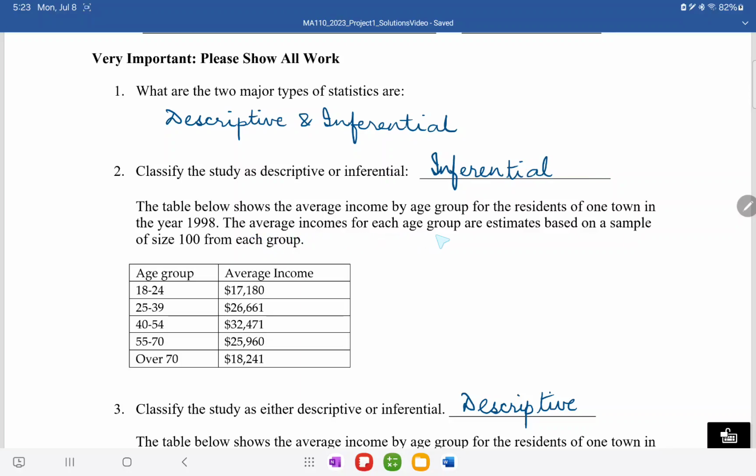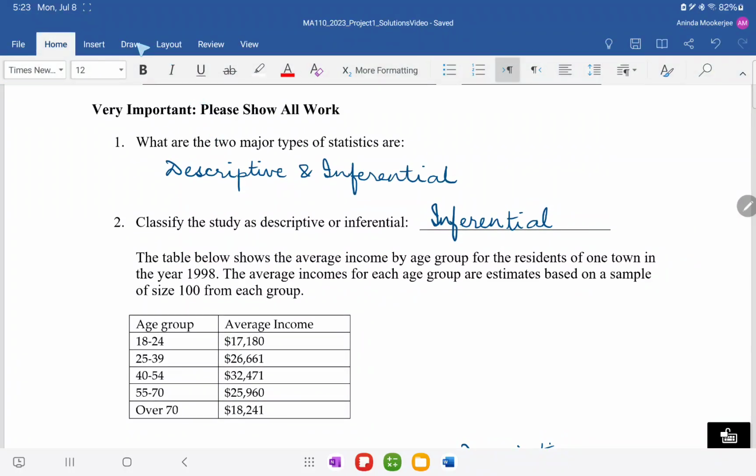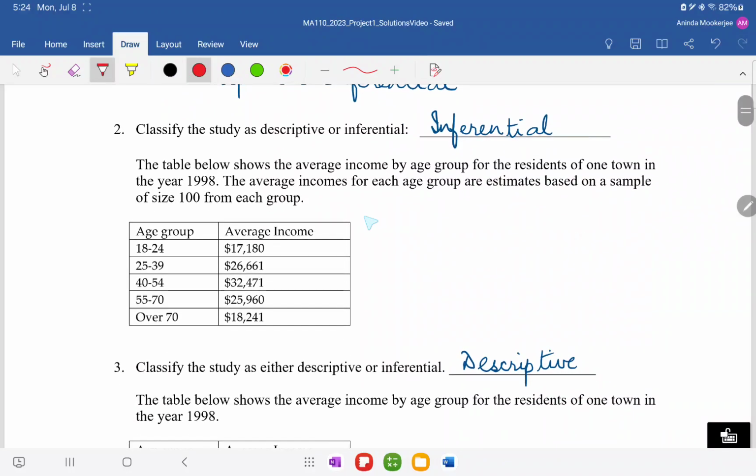The average incomes for each age group are estimates based on a sample of size 100 from each group. So these are the average income by age group given arranged in this table, and we have to decide whether this is inferential statistics or descriptive statistics.